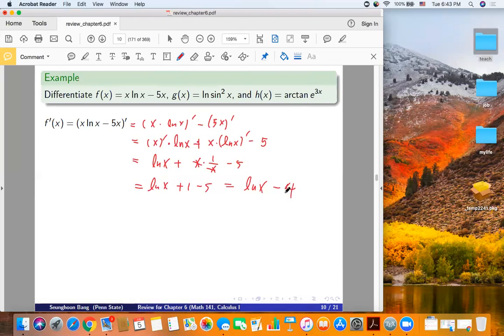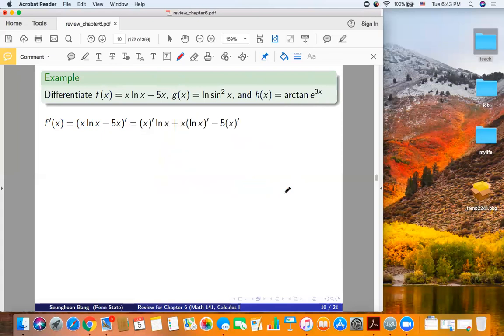So that's the whole idea for solving this problem. Next, ln of sine squared x prime. What's the best way? I suggest this is better. Do you know this one? We have the ln function of something to the power r.